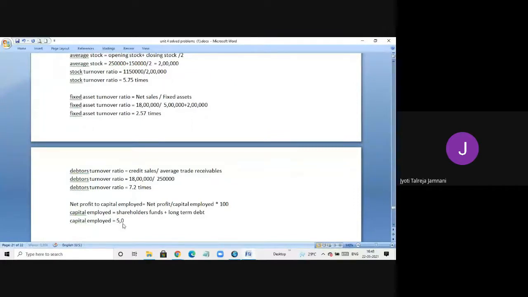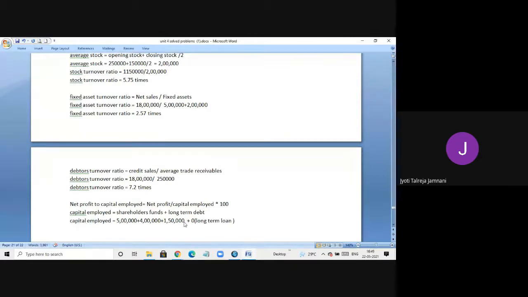So capital 5 lakh plus four lakh reserves plus 1,50,000 P&L account, plus the long-term loans are 0, because there is nothing given about debentures or loans or secured loans.